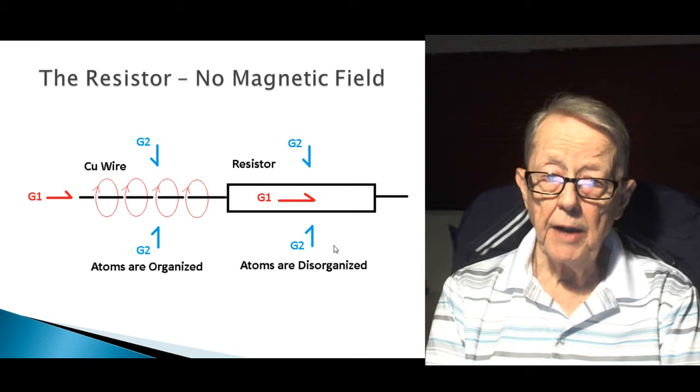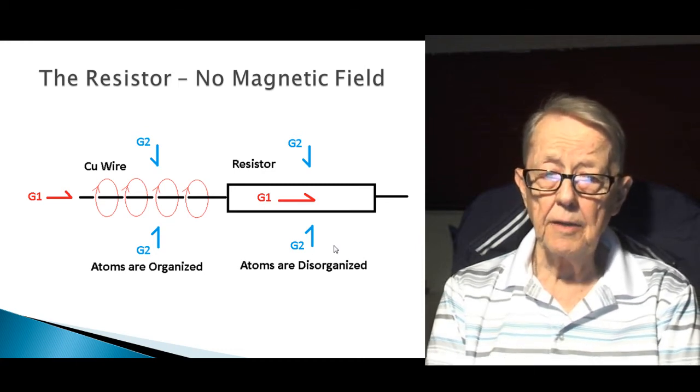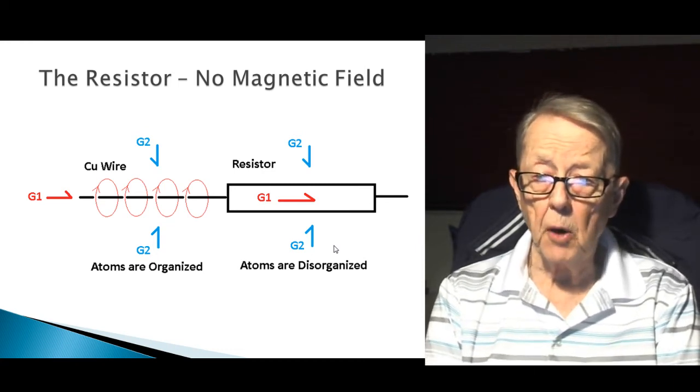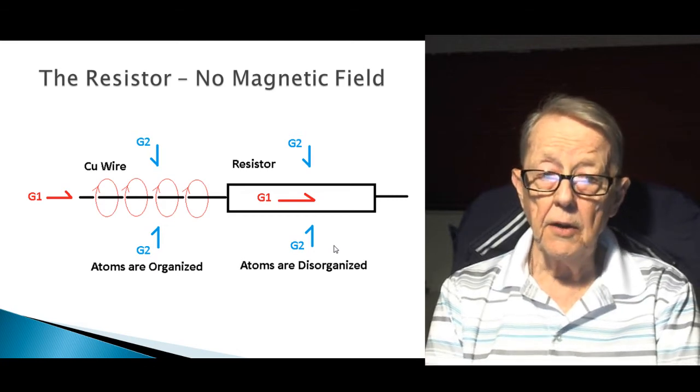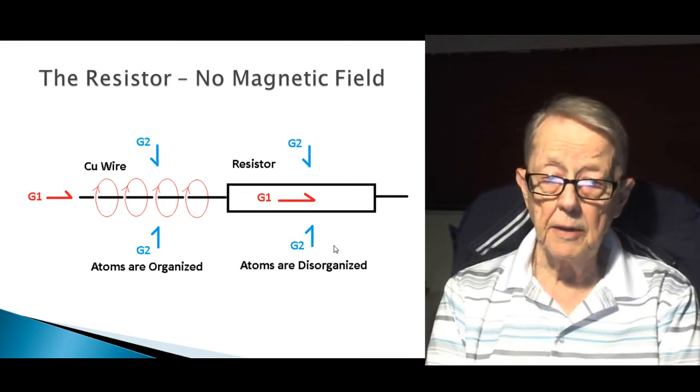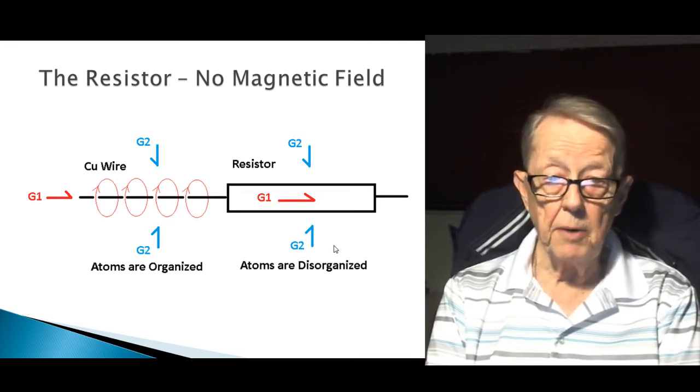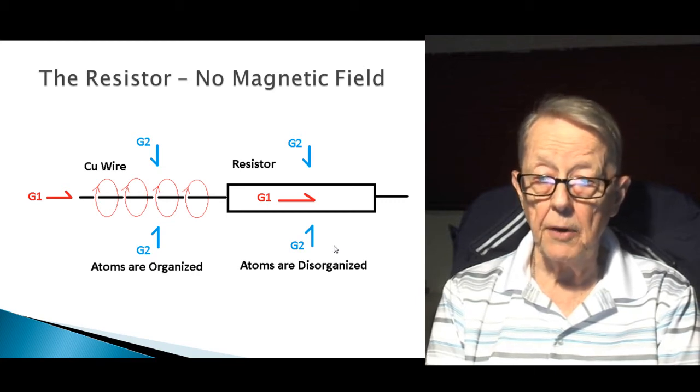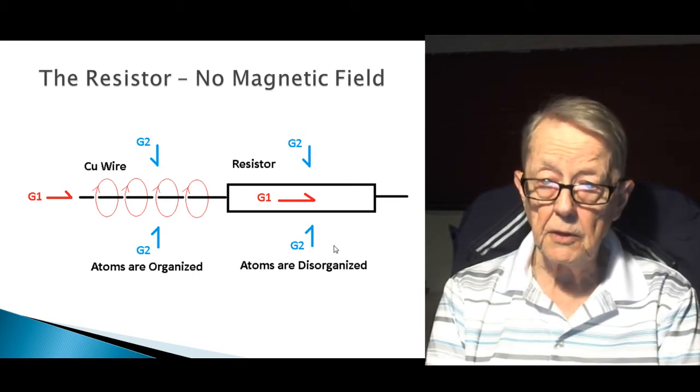Now, when you have a DC flow of what is normally called DC current, what you have in the particle model is just a lot of G1 particles flowing through the copper and flowing through the resistor.